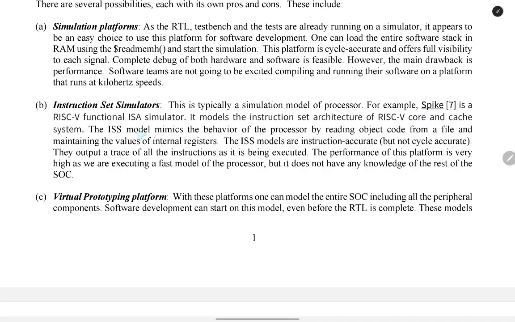The ISS model mimics the behavior of the processor by reading object code from a file and maintaining the values of internal registers. The ISS models are instruction accurate but not cycle accurate. They output a trace of all instructions as they are being executed. The performance of this platform is very high as we are executing a fast model of the processor, but it does not have any knowledge of the rest of the SoC.